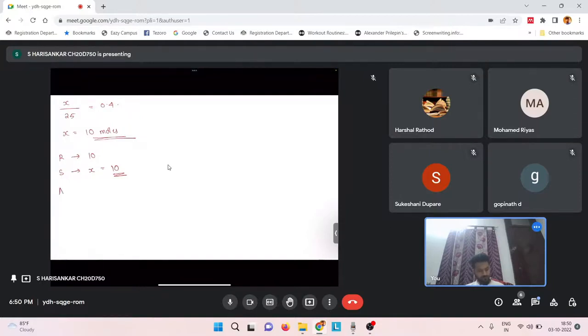So A is 12.5 minus X. So that will be 12.5 minus 10, that is 2.5 moles. And B will also be 12.5 minus X, which will be 2.5 moles. Now what we can say here is, this is Cr, this is Cs, this is Ca at time t, and this is Cb at time t.